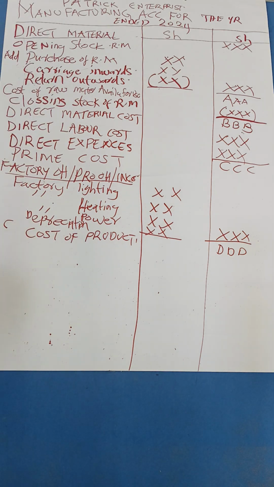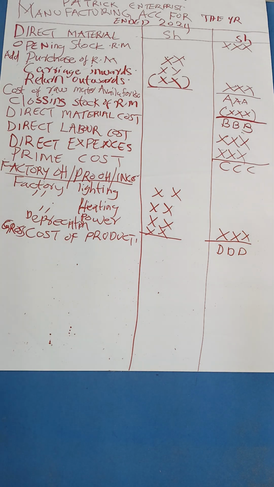So if you have that, we cannot stop here. This one now becomes the gross cost of production, because we have to do some adjustment on it, since there is additional information.